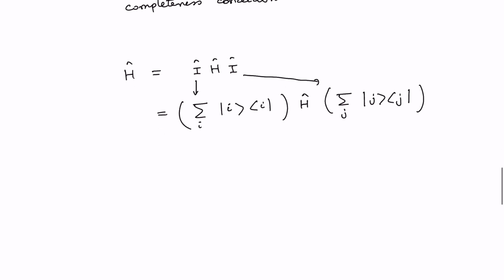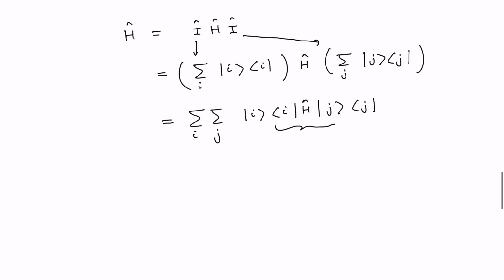Let me write it in a simplified form: the summation over ij, with bra I H ket j, and here I have ket I bra j. This quantity is nothing but the matrix element of the Hamiltonian, Hij, and I have ket I bra j.